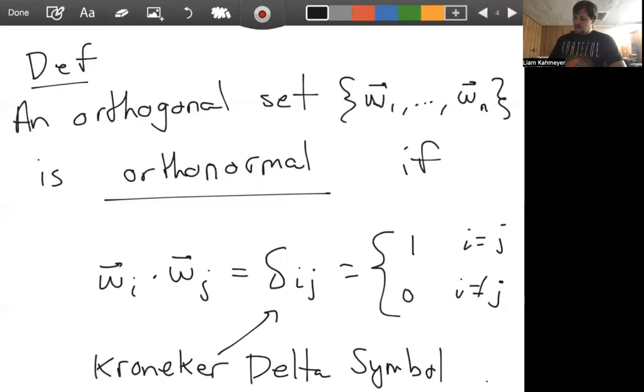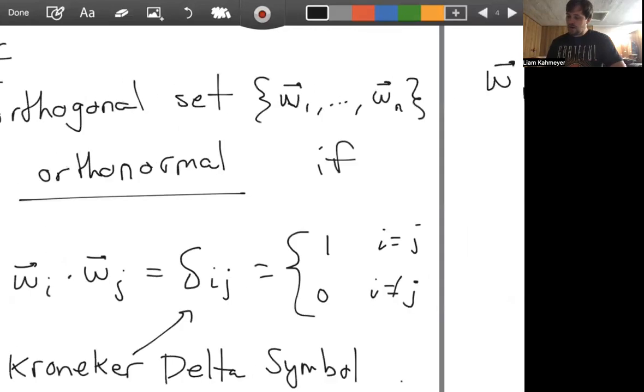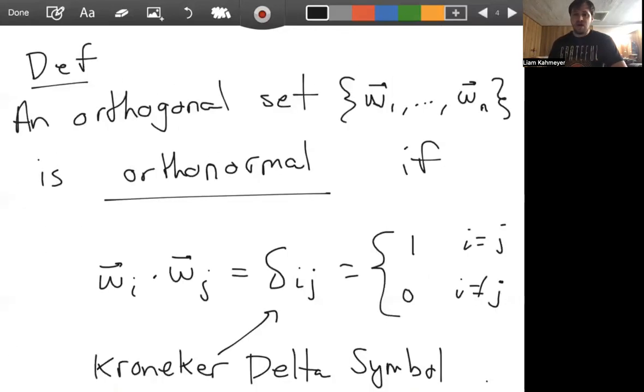So how do we interpret this a little more intuitively? Basically we're saying that Wi dot Wi is equal to 1. What kind of vectors would we have in an orthonormal set?